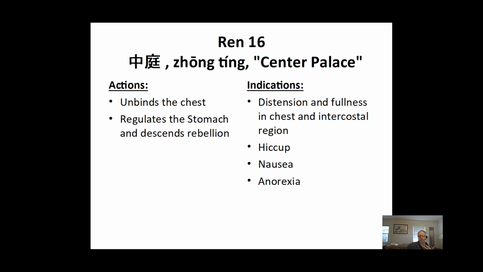So if you look straight across in the indications, you have hiccup, nausea, anorexia, which are all rebellious qi types. What's missing is the cough, wheeze. Those are the only 2 other rebellious qi that this does not treat, because those are more lung in nature. Okay.